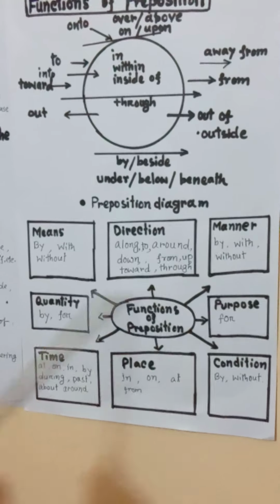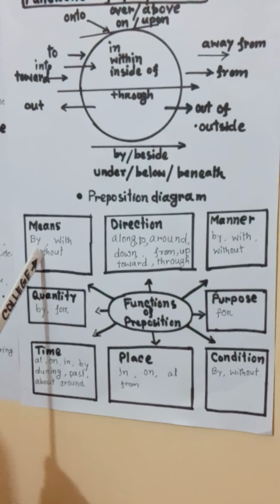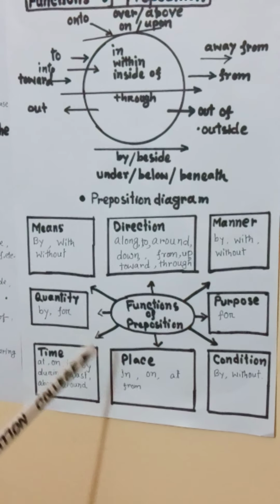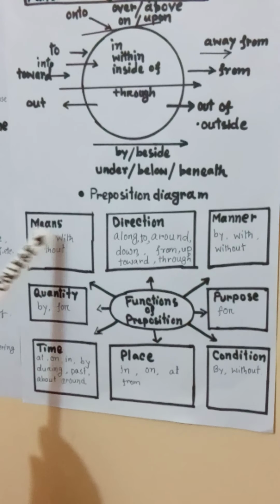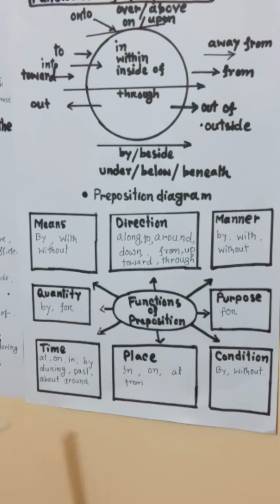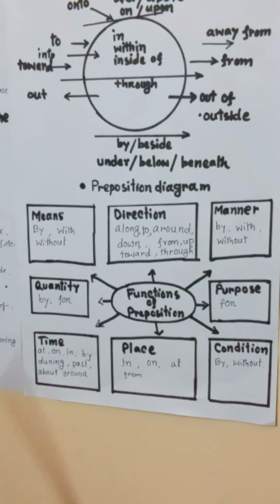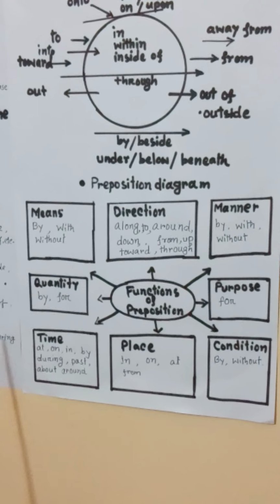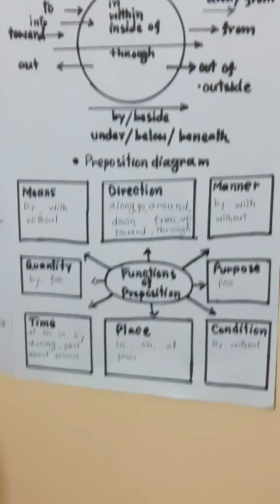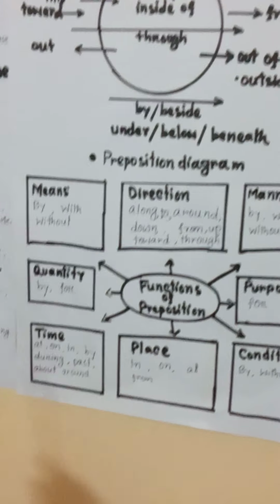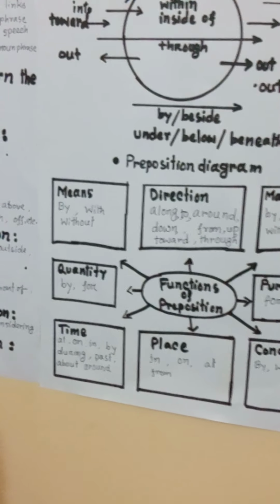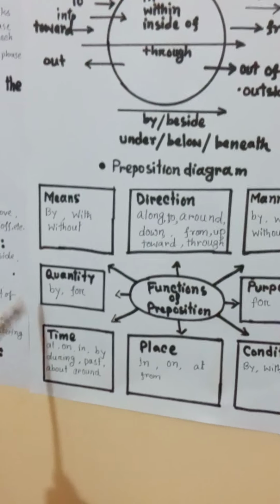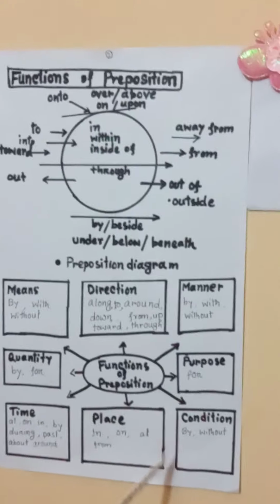So direction. Then means, এই শব্দের অর্থ হচ্ছে উপায় বা পদ্ধতি। For example, by working hard you can shine in your life. Without working hard you cannot shine in your life. He killed a snake with his stick.